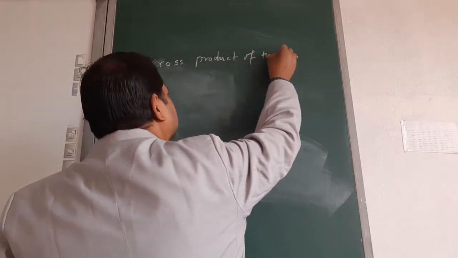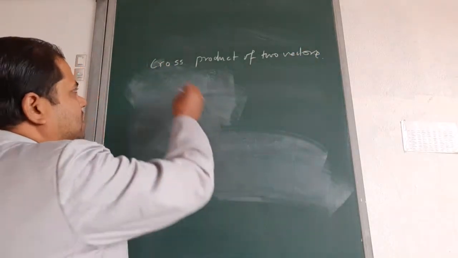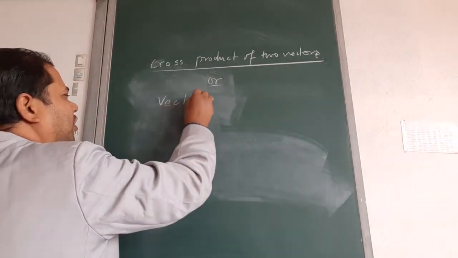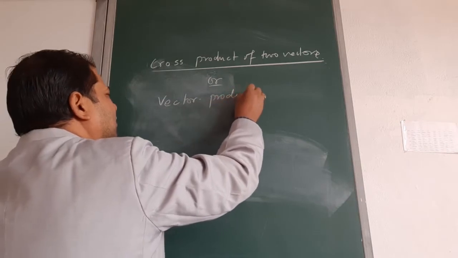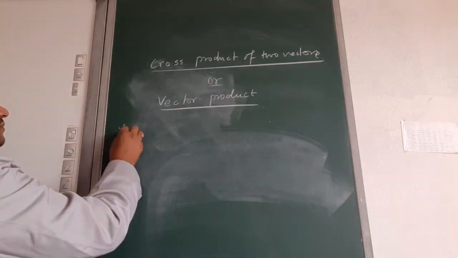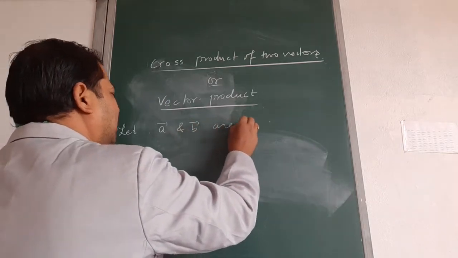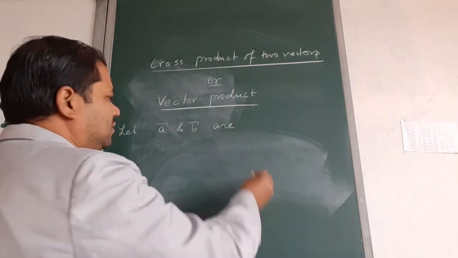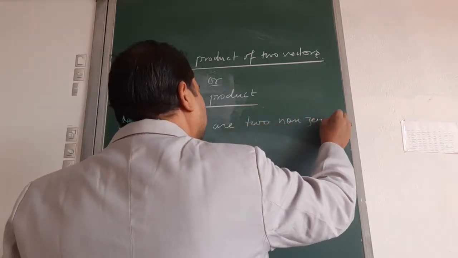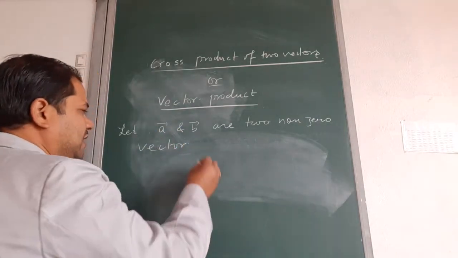Cross product of two vectors, or it is also known as vector product. So let A and B be two non-zero vectors, and the angle between them is theta.